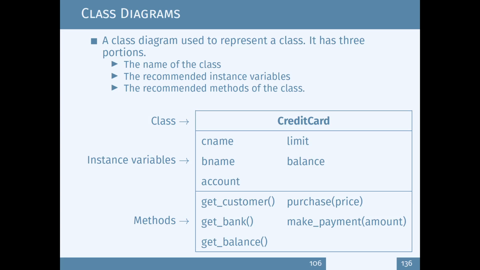And we have a set of methods: get customer to get the customer name, get bank to get the bank details, get balance to get the balance. Purchase is to use the credit card. And the last one is make payment to settle the credit card balance. Okay, let's give it a try, and then I will discuss the complete answer.